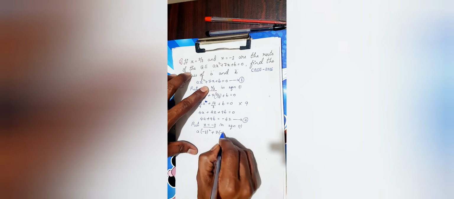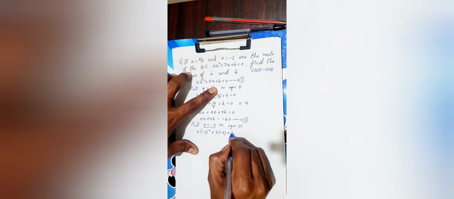Now we'll put the other given value, x is equal to minus 3, in equation 1. So a into minus 3 whole square plus 7 into minus 3 plus b is equal to 0. Minus 3 square is 9, because the power is even, the minus goes off.